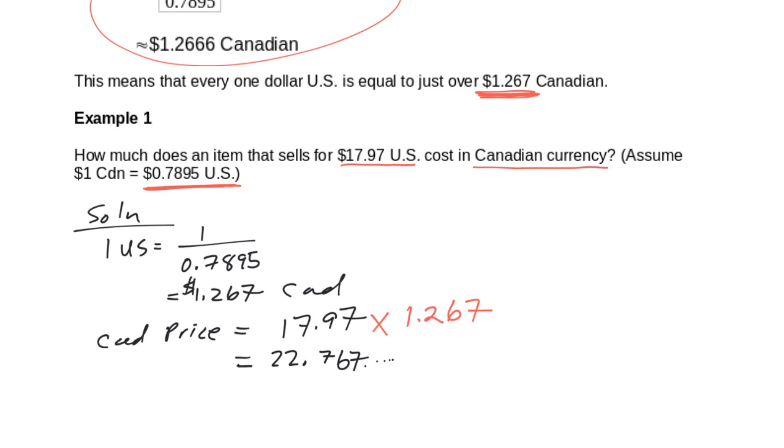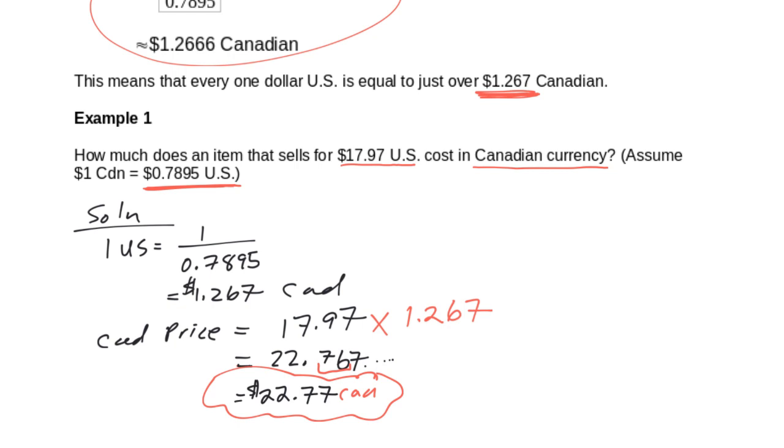Now you got to remember, anytime I have a really long decimal, I'm only doing up to 3 spots, and then I'm going to look at the last 2 to make sure our rounding is right, and we say, okay, is it going to be 76 or 77? And in this case, your final answer is $22.77 Canadian. So you would say your final price is that.